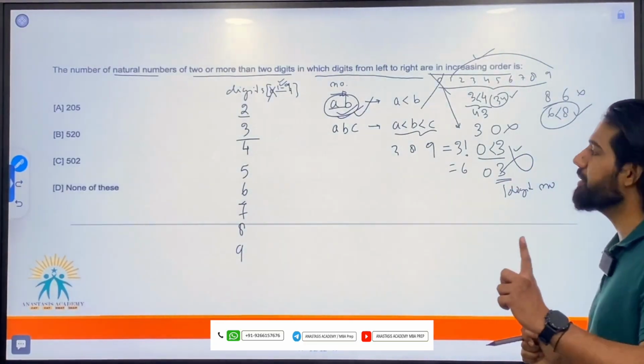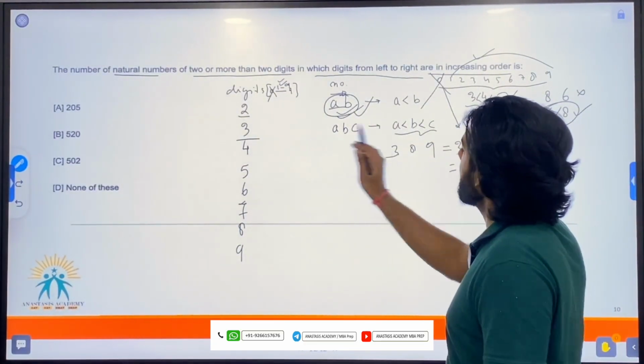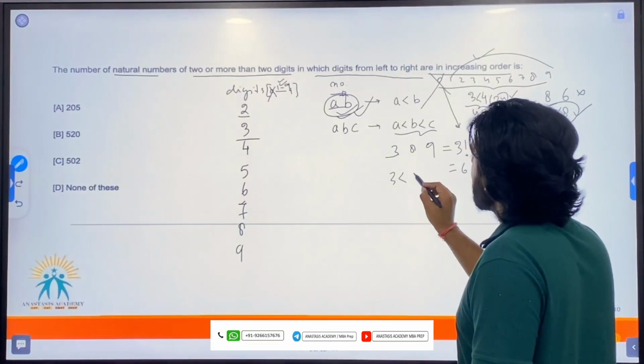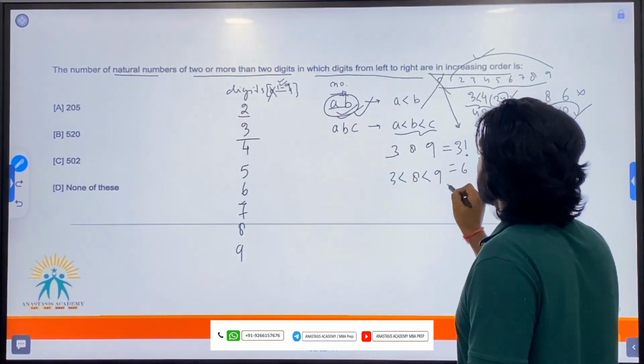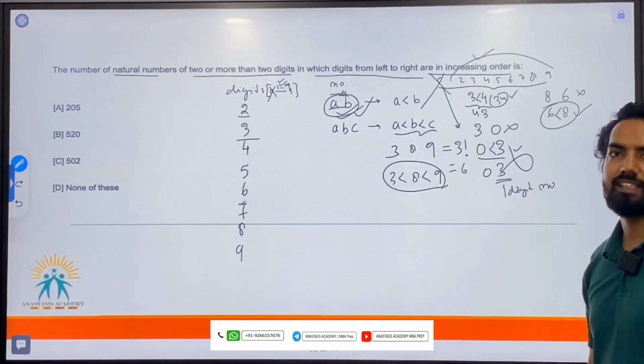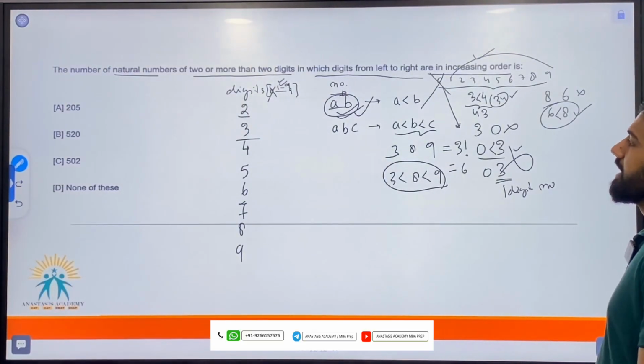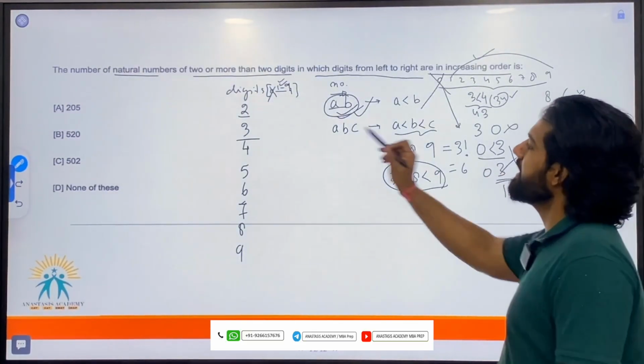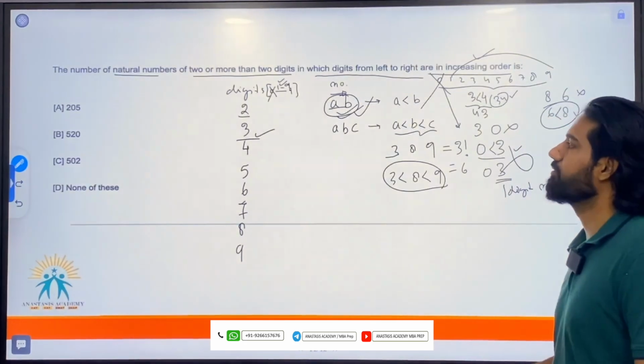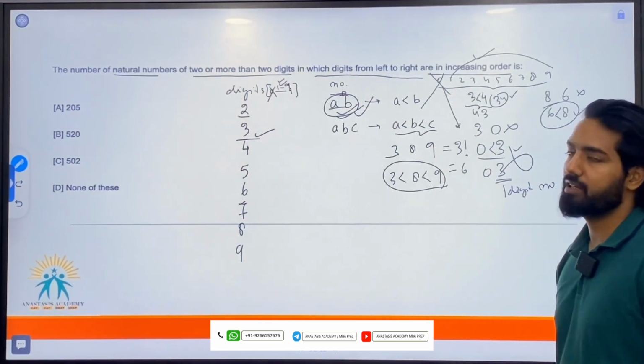But only one unique number would be in this pattern, in which A is less than B and B is less than C. Only 389 is the acceptable number. So we can say the selection of any 3 digits out of 9 digits would be the number of such natural numbers.